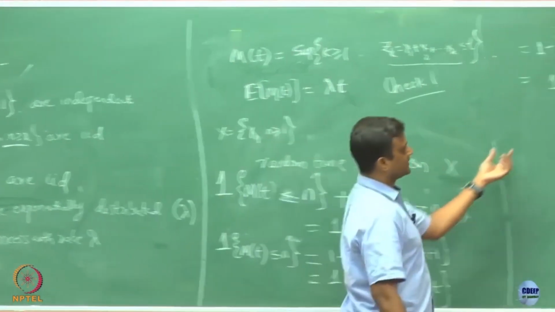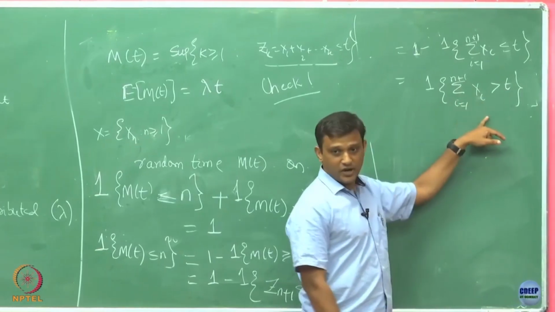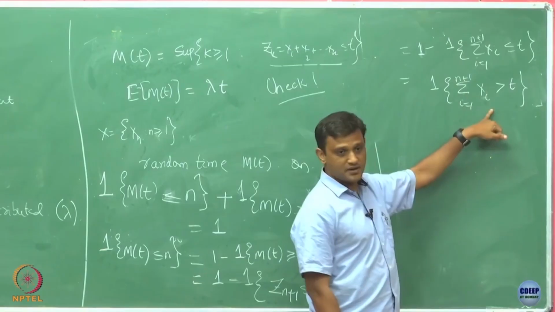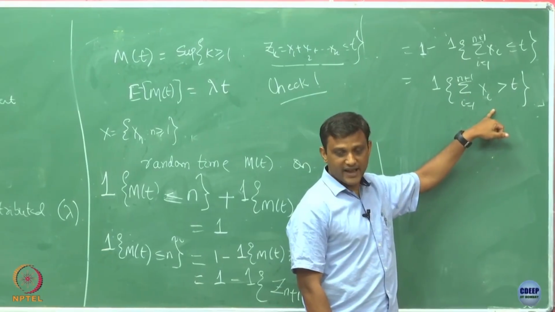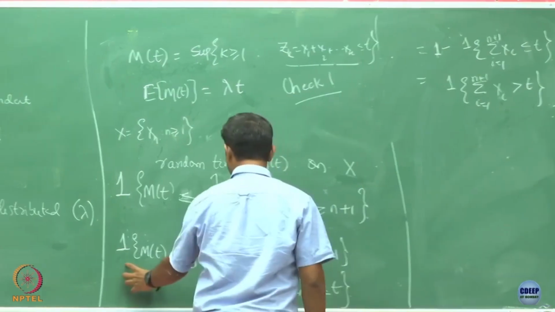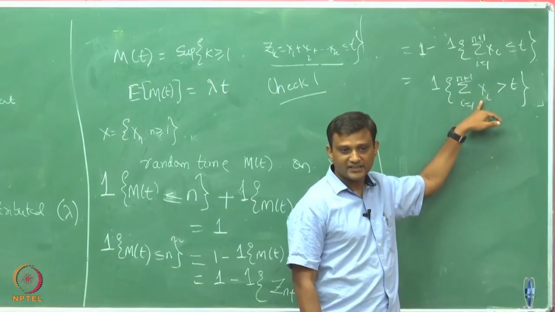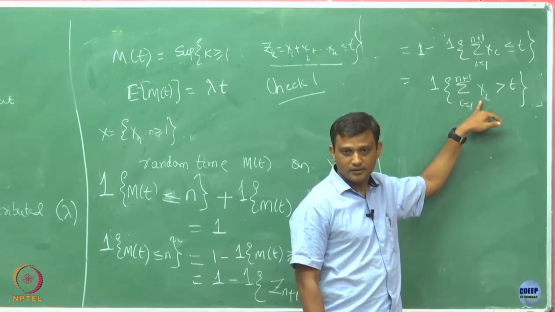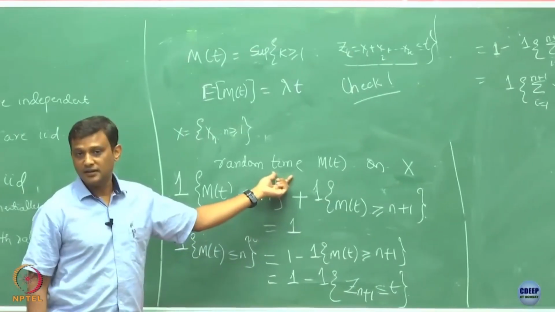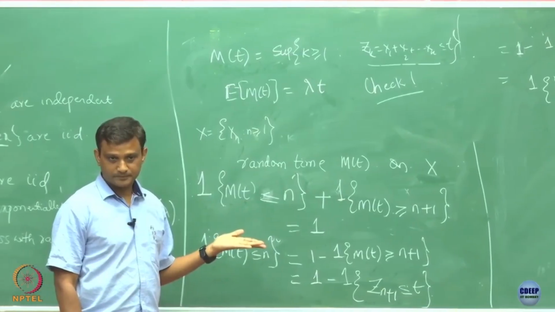That is exactly what it is capturing. This is the same as asking whether the sum of the first n plus 1 X i's exceeds t, and to answer this question, how many X i's do I need to know? n plus 1, right. So just knowing n random variables is not enough for me here.